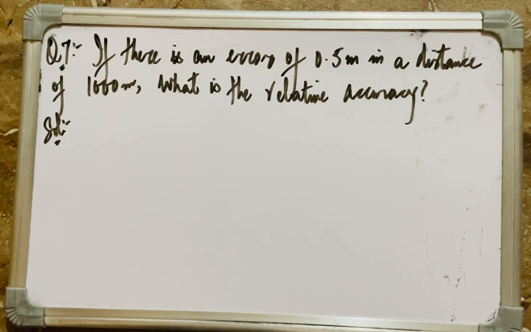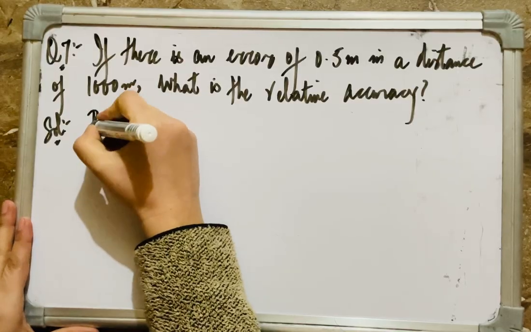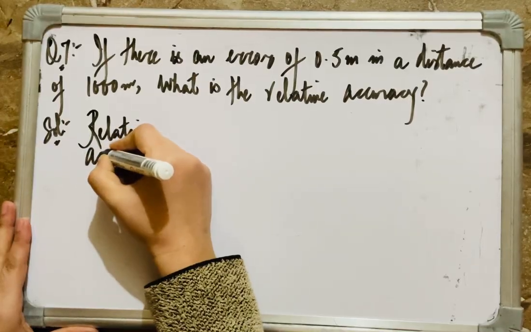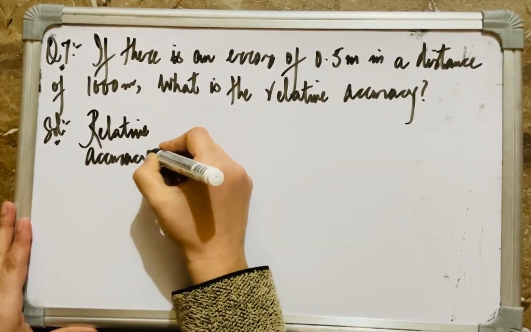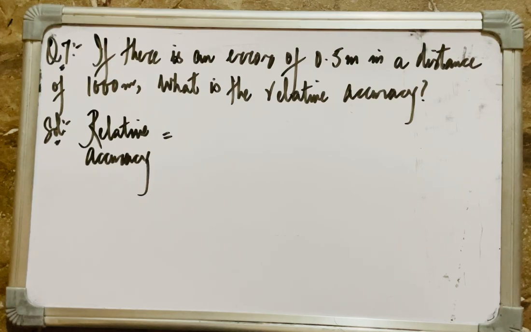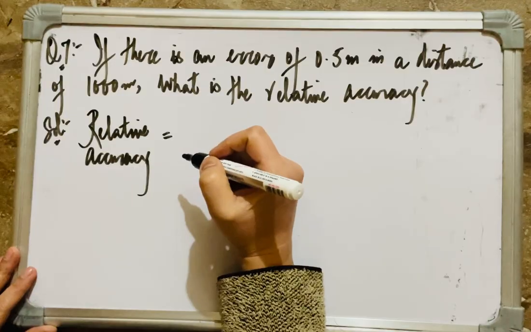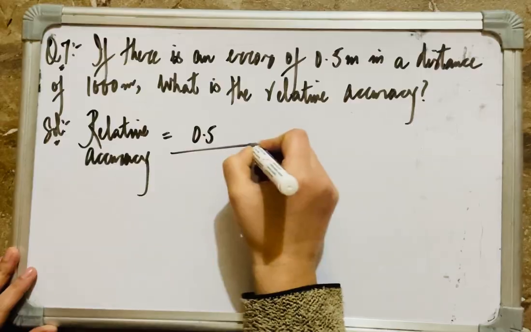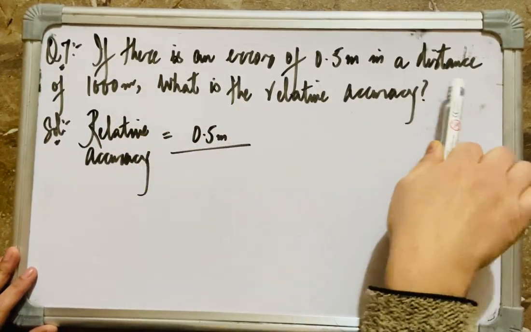I know that relative accuracy, or the degree of accuracy, indicates the accuracy attained in the measurements. In the case of linear measurements, it is usually expressed as a ratio of the error and the measured quantity. So my relative accuracy is a ratio between the error and the measured distance.